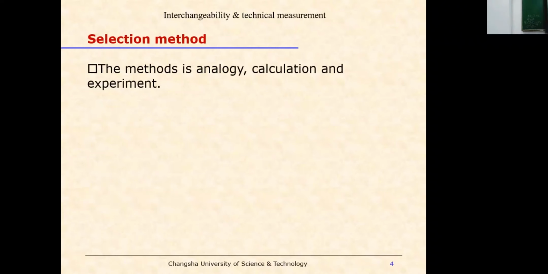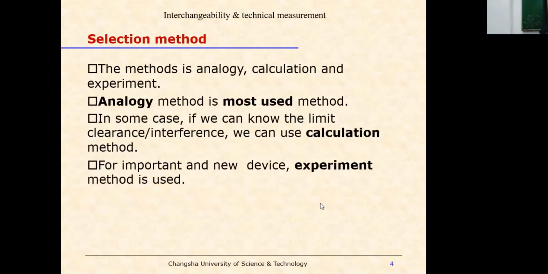So the methods are analogy, calculation and experiment. The analogy method is the most used method.